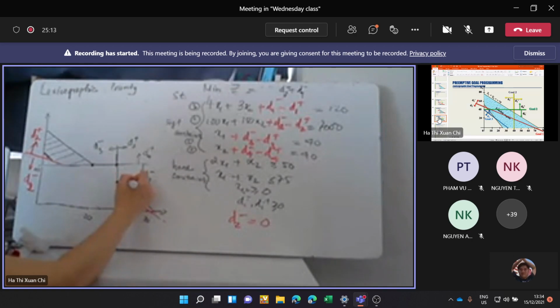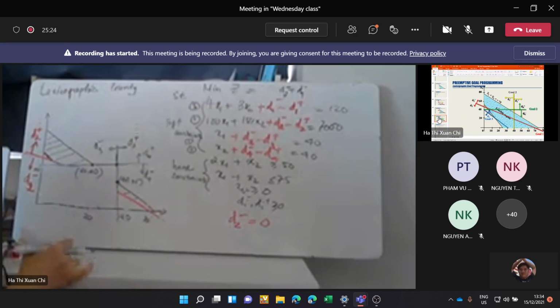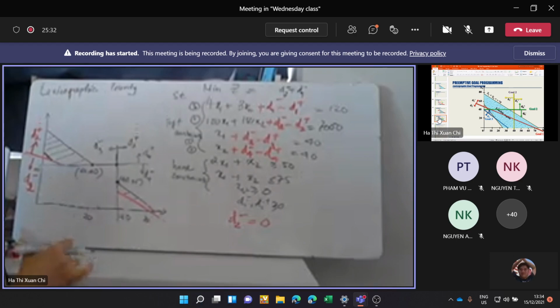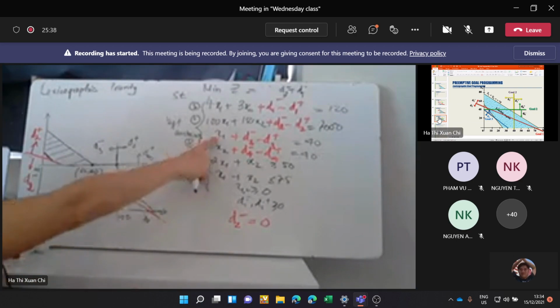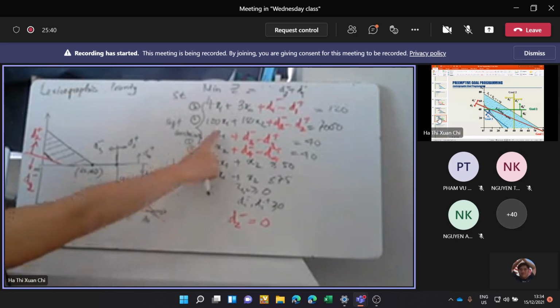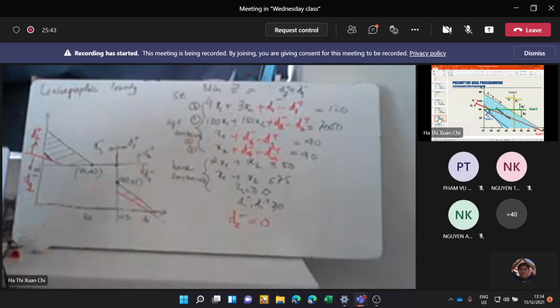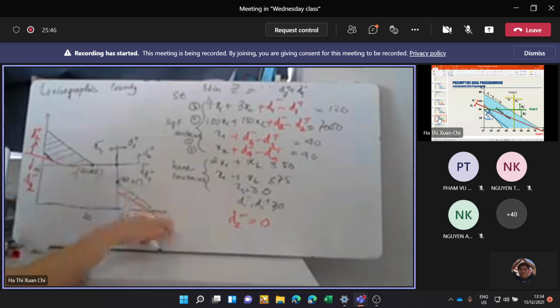Here that is 40 and 35, this point. And this point that is 35 and 40. If you choose that point, you can satisfy goal 2 here. But if you choose that point, you satisfy this constraint. Okay, but right now, which one should we choose? That is the candidate for the solution, the feasible solution.